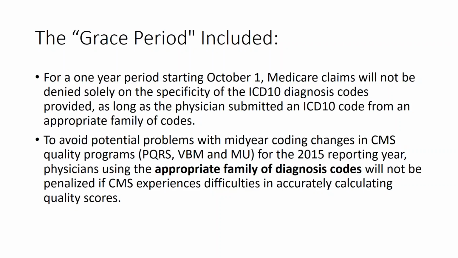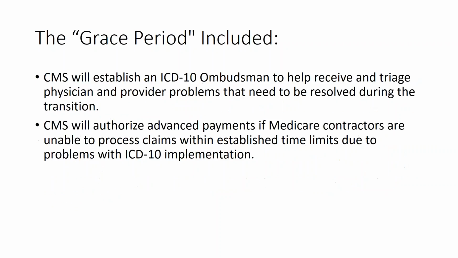So basically what that meant was that you were using the non-specific ICD-9 codes. If you translated those codes over to ICD-10, it would give you a fairly non-specific code. And an example of this, I'll show you here in just a second.